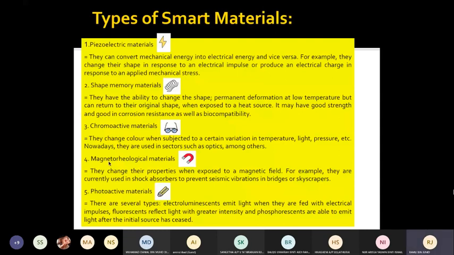And then we have photoactive material. When you expose this photoactive material to light, it will produce a reflection of light. It's like the rear reflector of your car. For example, you drive a car, and there is a car in front of you.